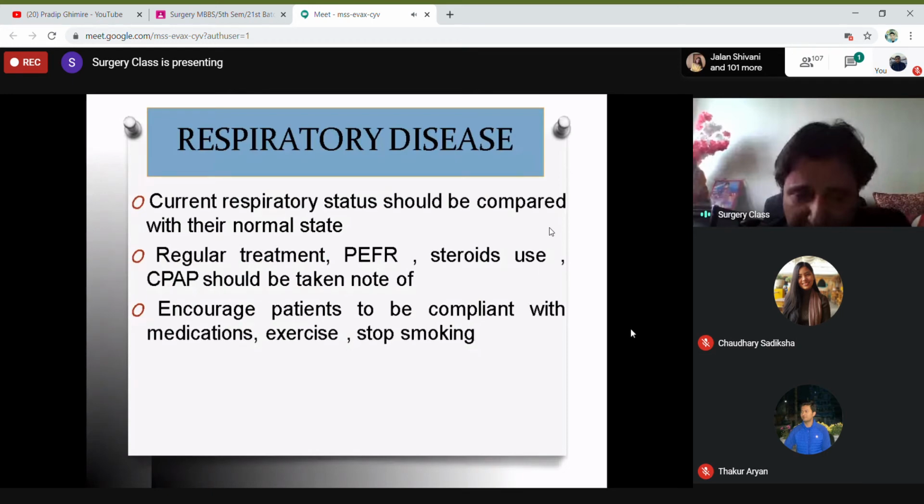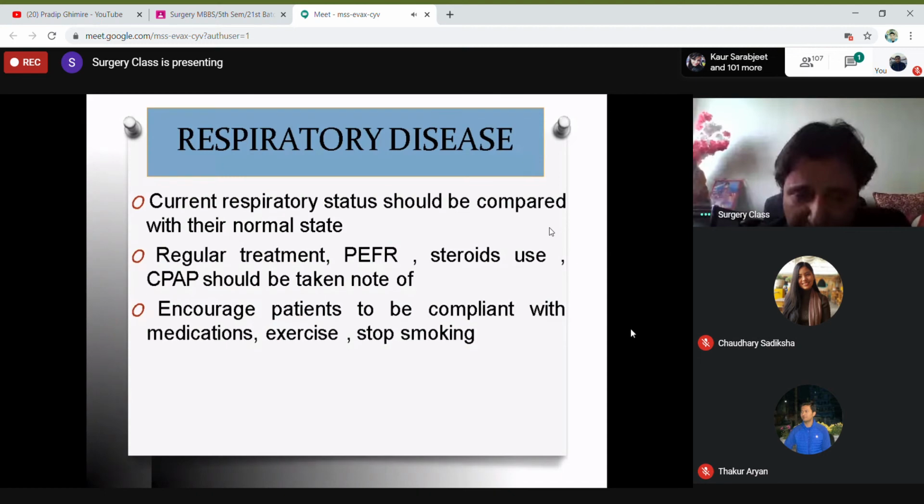These situations arise, for example, in ulcerative colitis, where the patient comes with a pancolitis, or it is refractory to medical treatment, and he or she has to undergo emergency surgery, and the patient will be on a long-term steroid.